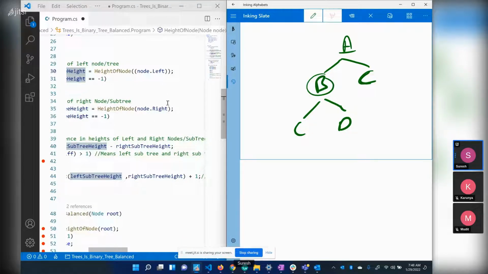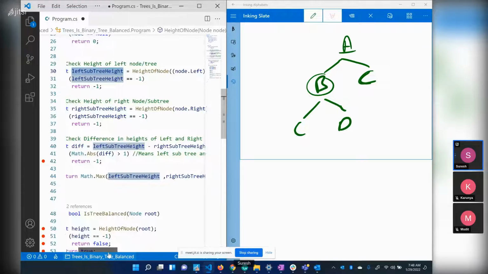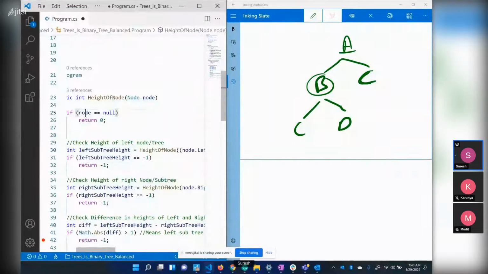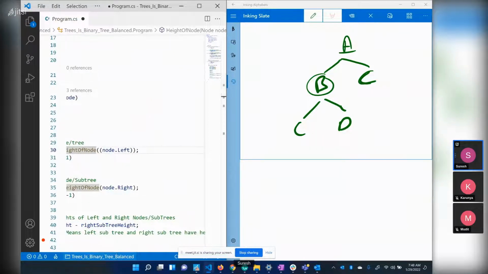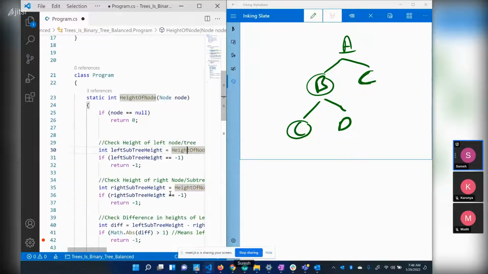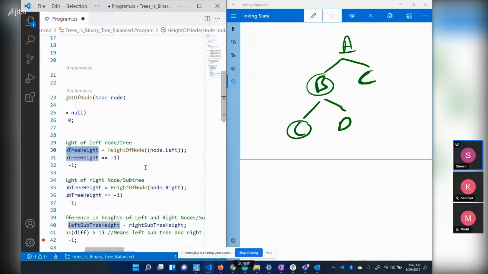Again, it will come here, and B is not equal to null. It comes here, left subtree height, height of the node dot left, height of C. It will call again the same method using C. Now C is also not equal to null, and comes here, left subtree height, height of the node dot left. What is the C dot left?